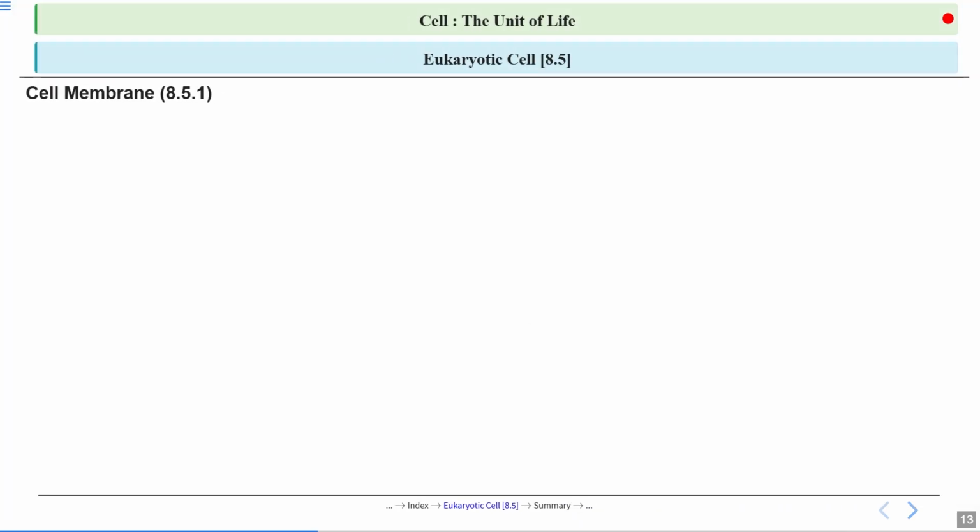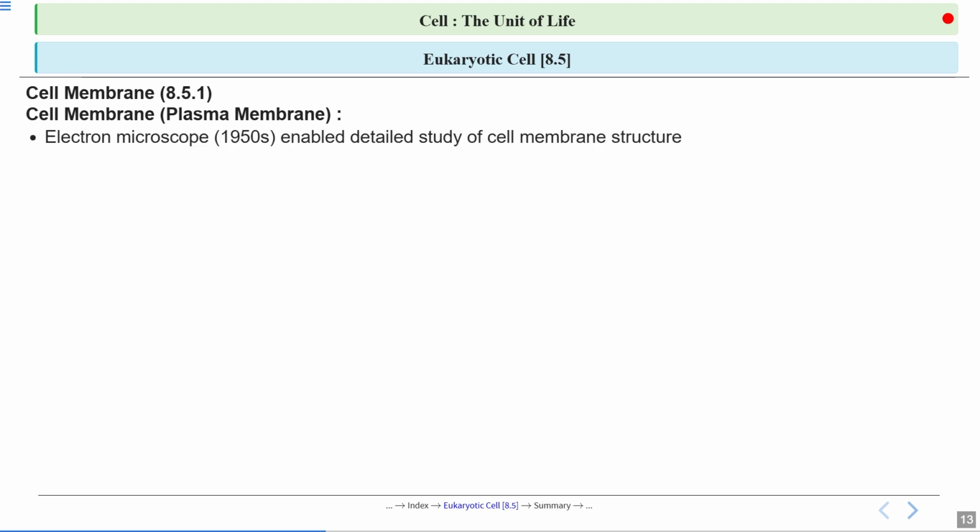Now let's talk about the cell membrane. The cell membrane is also known as the plasma membrane. The electron microscope in 1950 enabled detailed study of the cell membrane structure. So we were able to study the cell membrane in detail with the help of the electron microscope.